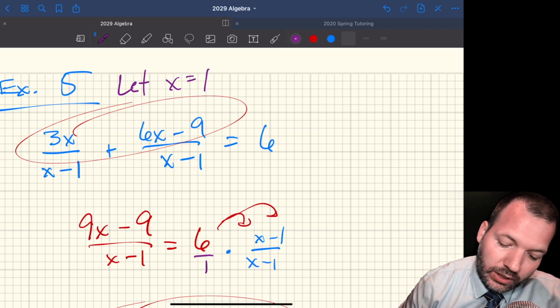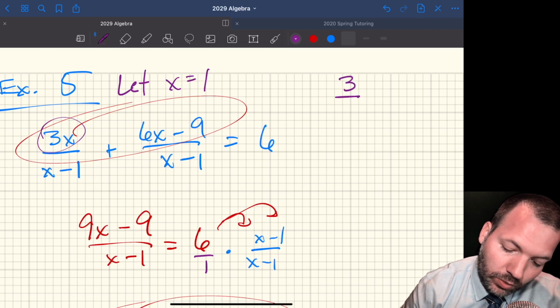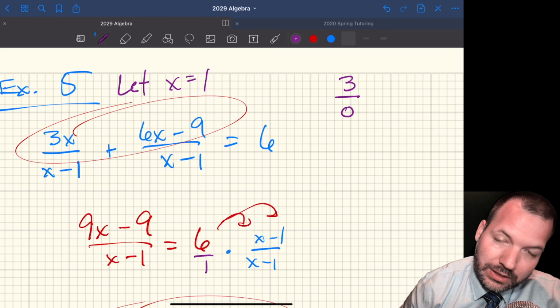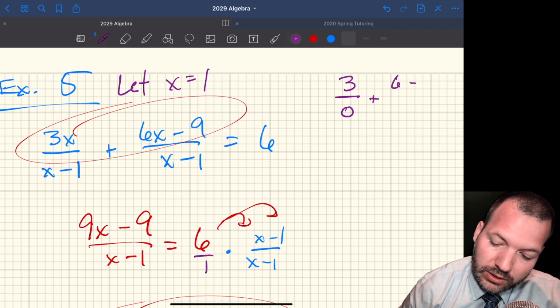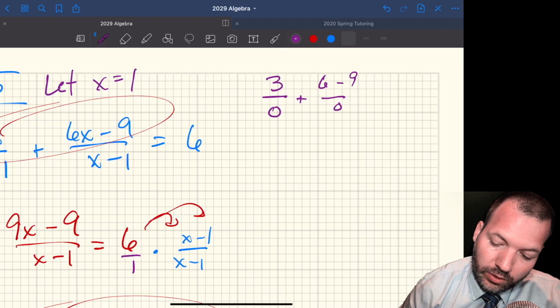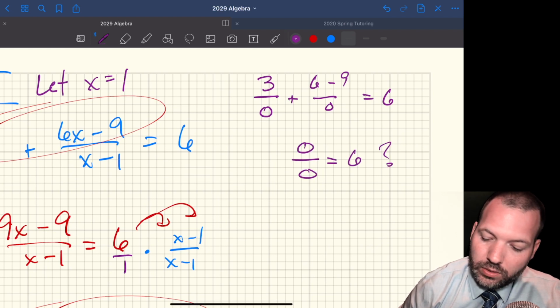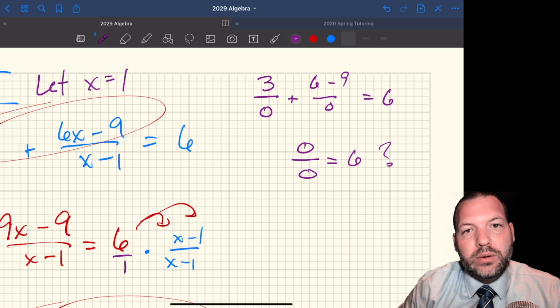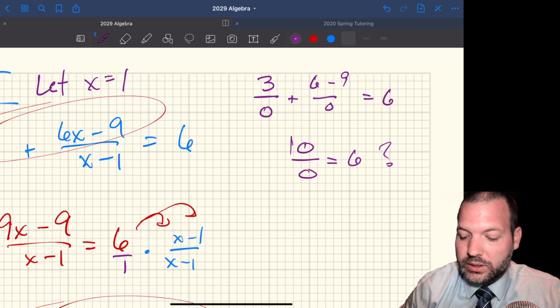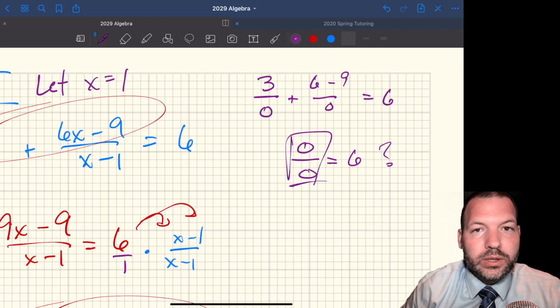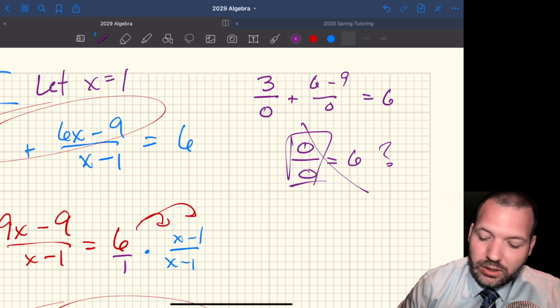It should work out to 6, but what actually happens is we get 3 times 1 over 0 plus 6 minus 9 over 0 equals 6. 3 plus 6 is 9, minus 9 is 0. Does that seem right to you? 0 over 0 equals 6? Even if you wanted to tell me that you knew what 0 over 0 was, would you say that it was 6? No.